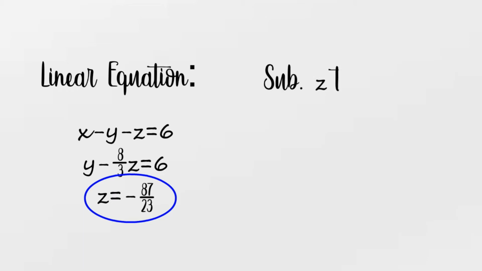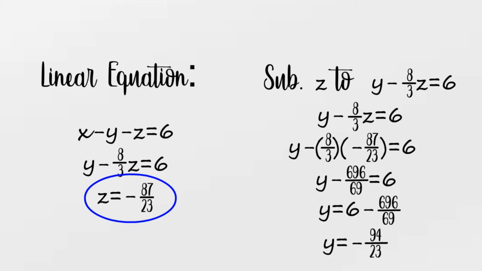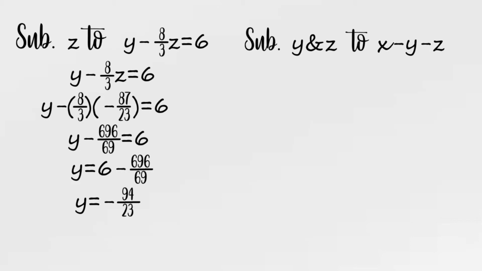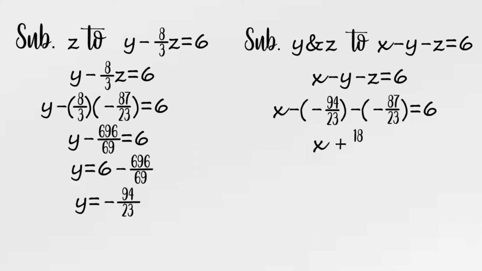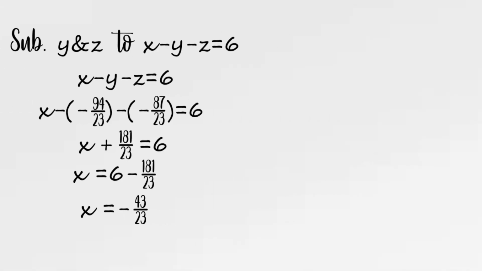Substitute z to y minus 8 over 3 z equals 6 to solve for y. We already get the values of the variables.